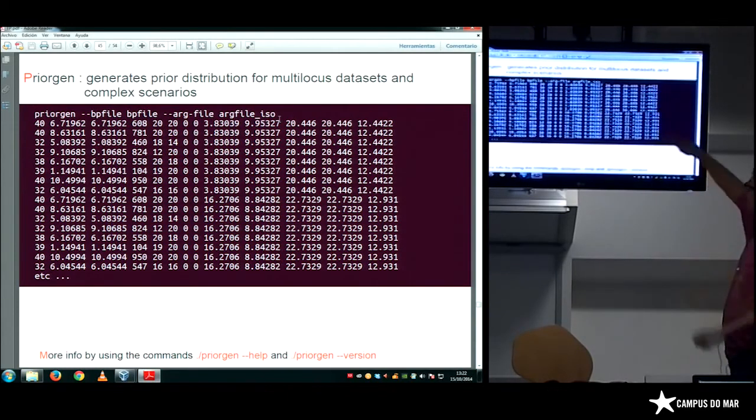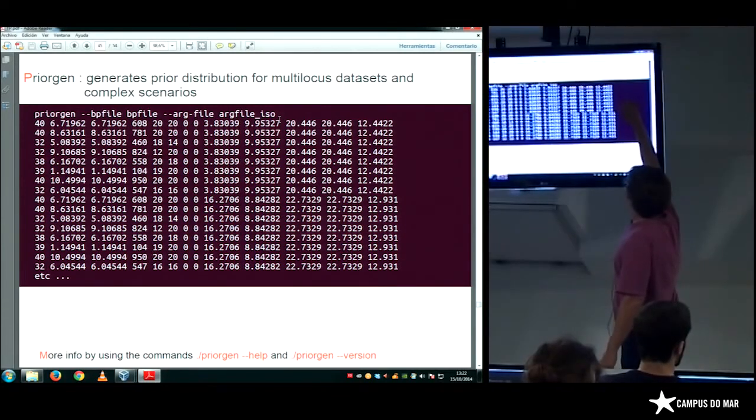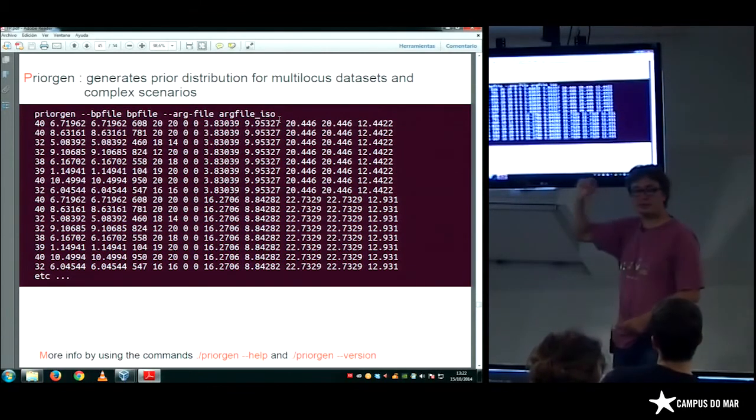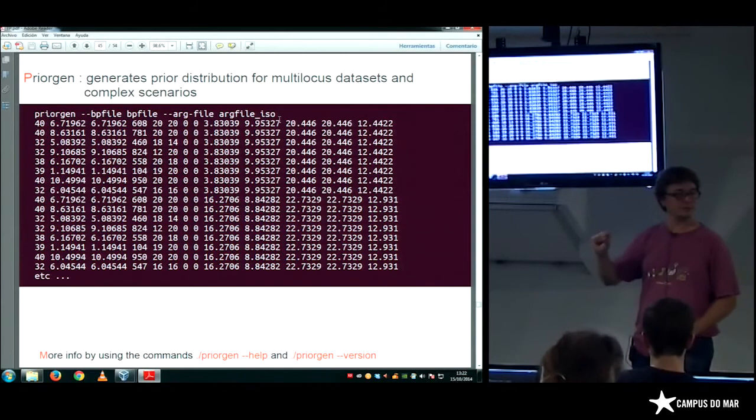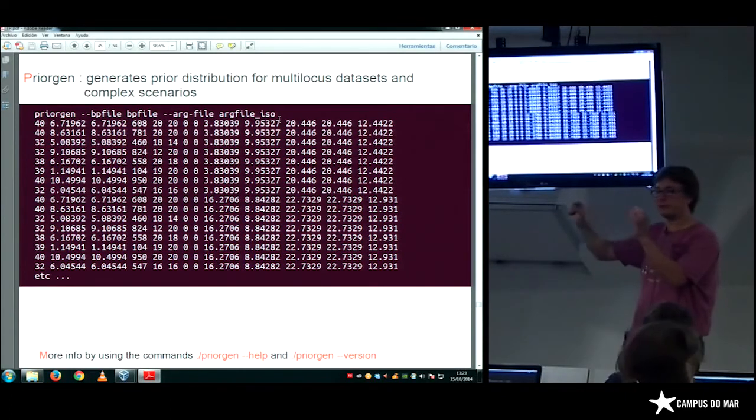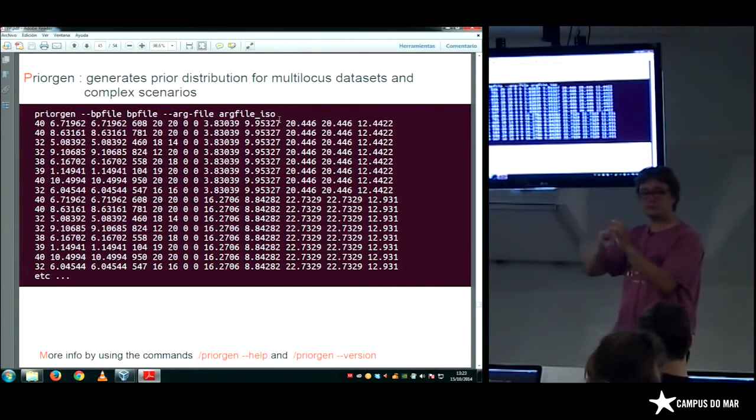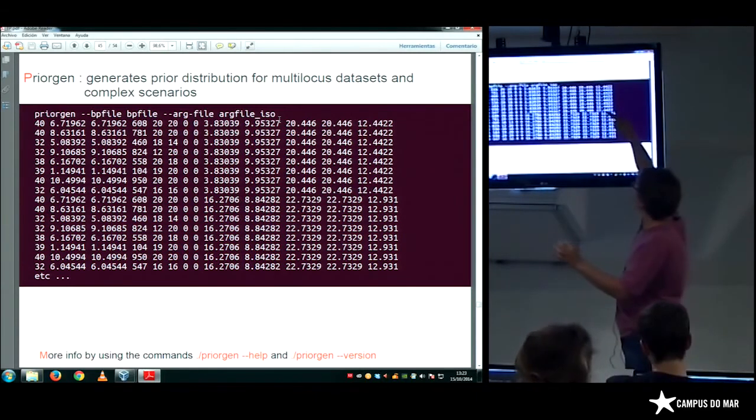If you type this command line, you will have all the parameters you need to do the simulation. Here each time you have 8 lines that correspond to the 8 loci. So we are going to simulate locus 1, locus 2, locus 3 to locus 8.